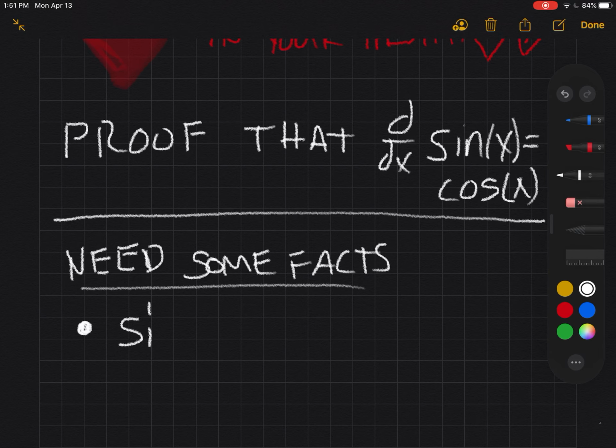So the first thing that we're going to need to do is remember something from our trig. If you are like me, that is difficult, but it's okay.